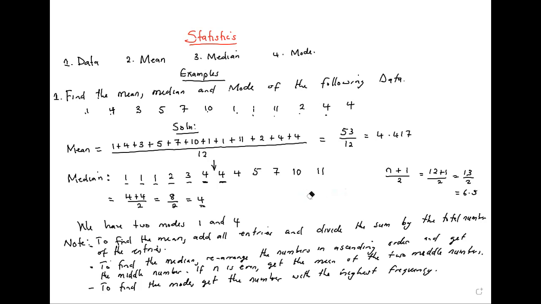So if n is 13. If there was another entry here, say 12, 13, you would have counted 1, 2, 3, 4, 5, or because they are already arranged, you can cancel here, cancel there, cancel here, cancel there, until the middle number remains.